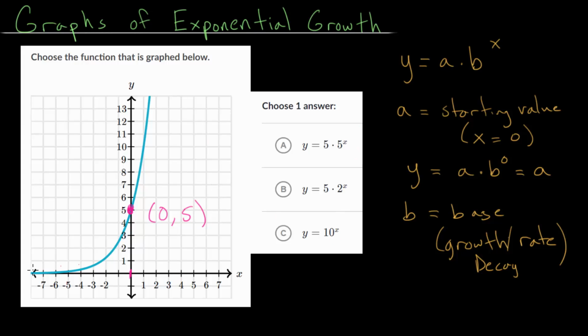And let's find one other point. Really, we can find multiple points, but let's look at when x is equal to 1. Notice that it has a y value of 10. So 1, 10. And essentially what we're looking at is what did we multiply by to go from our starting y value to our first y value, or when x is 0 to when x is 1.